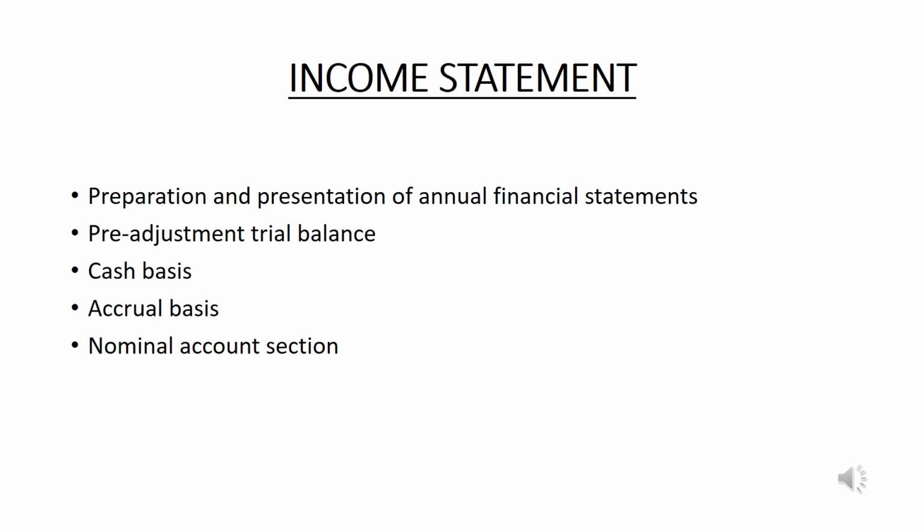Even if cash is received or not received, we include it because we are disclosing the revenue that we have received, and the accruals, or revenue that we expect to receive, which will form part of your assets when you are preparing your statement of financial position, or your balance sheet. So that is the accrual basis.